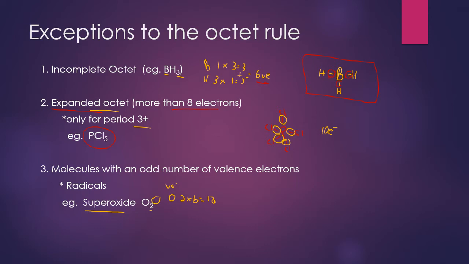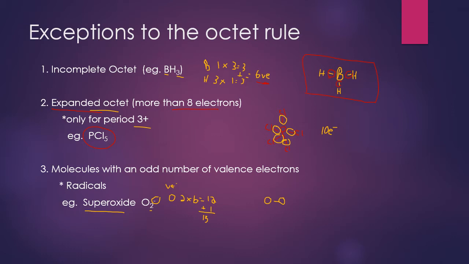In this case, it's a -1, so we're going to add 1 more for a total of 13 valence electrons. So now that I know I have an odd number of valence electrons, that tells me there's a radical, that I'm going to have an unpaired electron. So when I draw the Lewis structure, since there's only 2 oxygen atoms, I'm just going to connect those 2 with a single bond, so there's no central atom in this case.